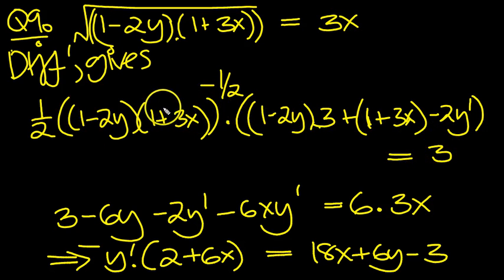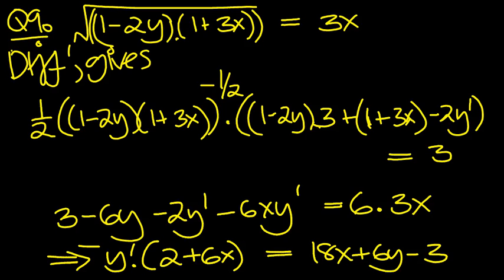This was minus a half, so you can think of it as underneath the power half. Move it up to the other side from divide essentially to up to times, and you can replace it by 3x. But there's also a 2 coming up, so that gives you the 6 and the 3x there. Here now, we've got, expand this bracket, we've got 3 minus 6y minus 2y dashed minus 6xy dashed.